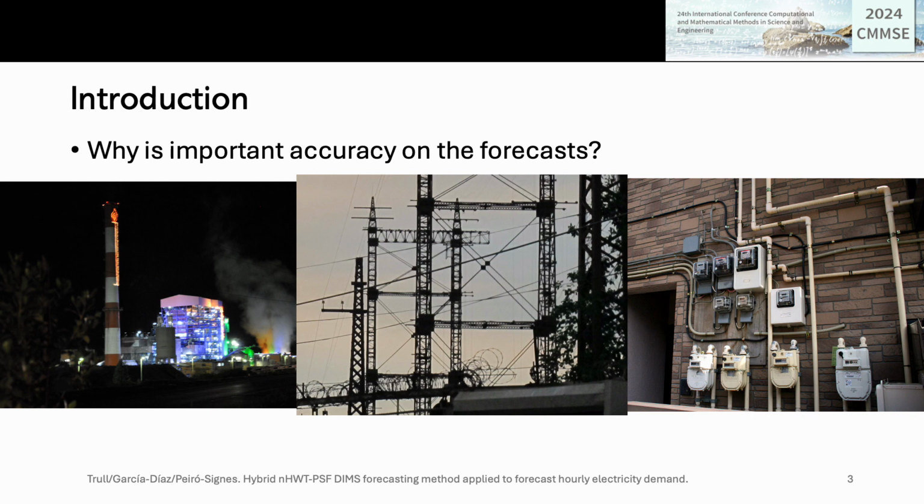Thus, if there is too much energy, it must be wasted, and if there is less energy than demanded, for sure someone is going to claim. So the mismatch between the forecasted and what is really demanded will produce huge losses. This is why the accuracy of electricity forecasts is so important.